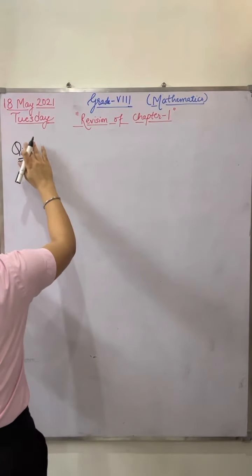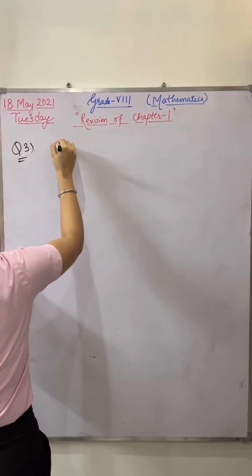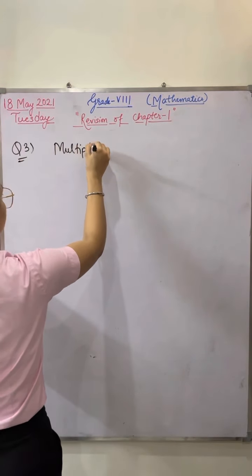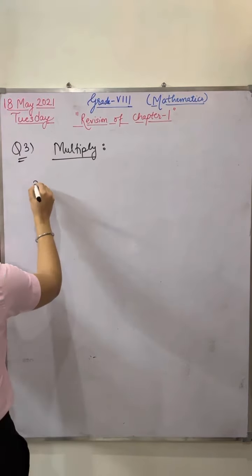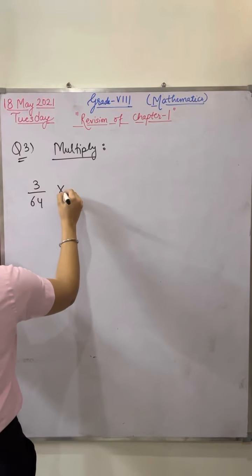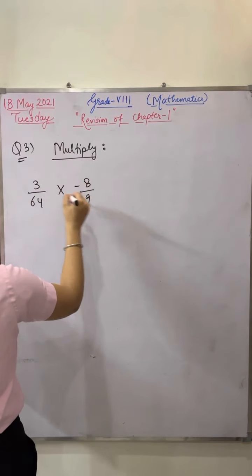The question is: multiply these values. I'm writing here. A part: 3 upon 64 multiplied with minus 8 upon 9.